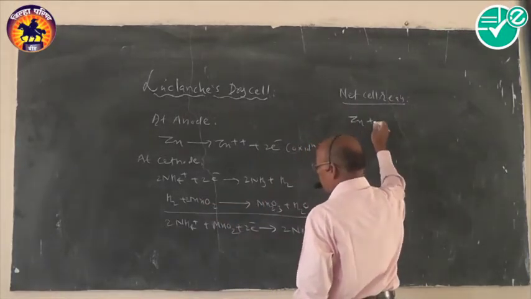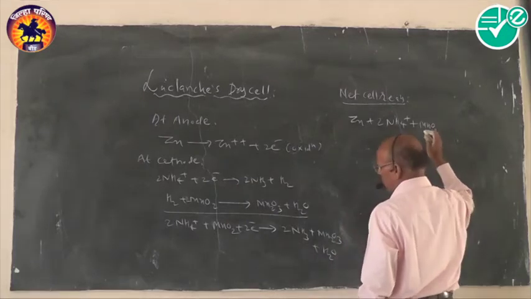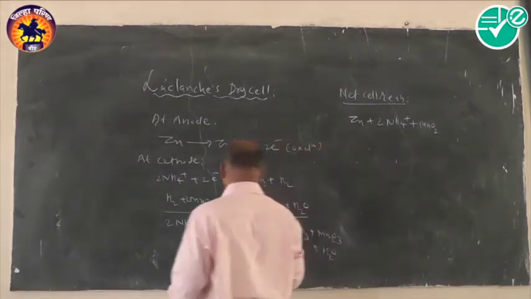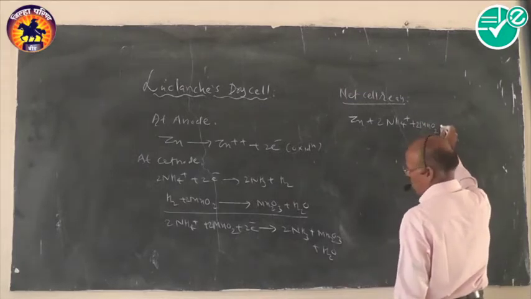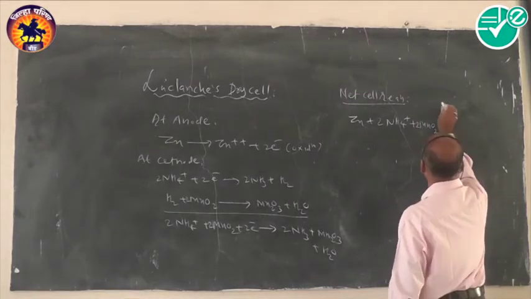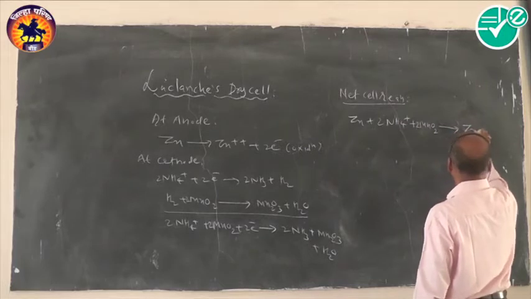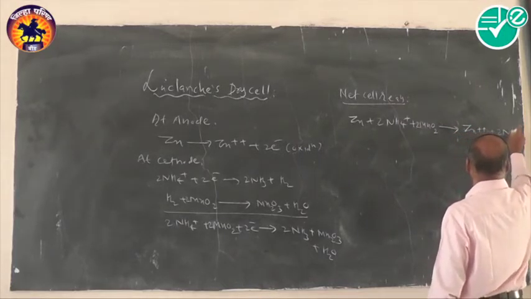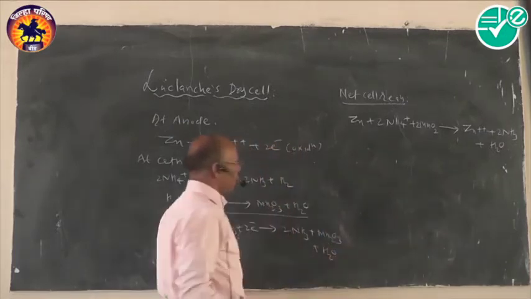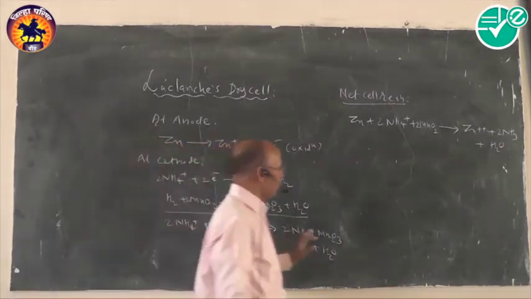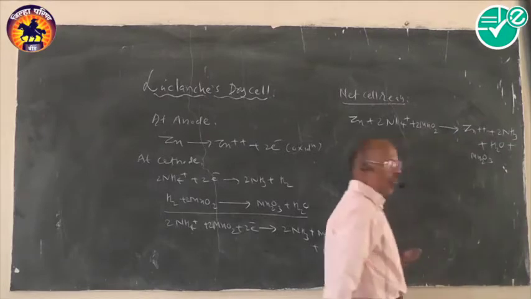Here, zinc as usual, plus 2 ammonium ions plus 2 manganese dioxide, it produces Zn2+ plus 2 ammonia plus water, along with Mn2O3, like this. So it is the whole reaction.